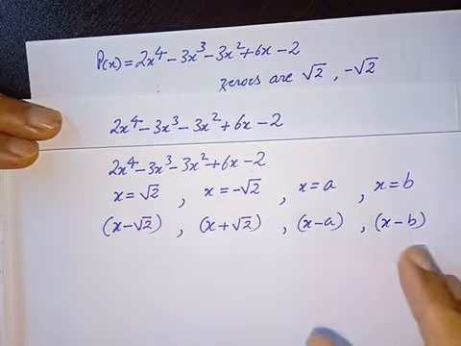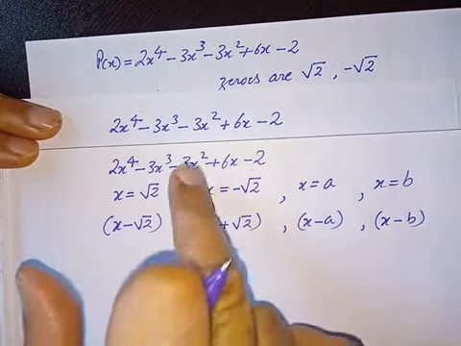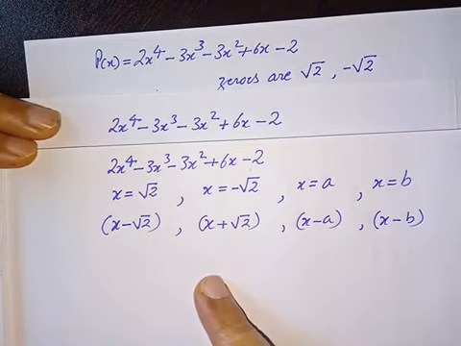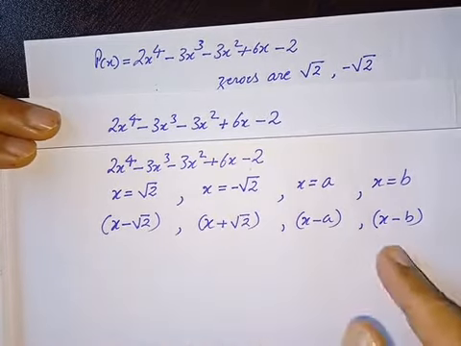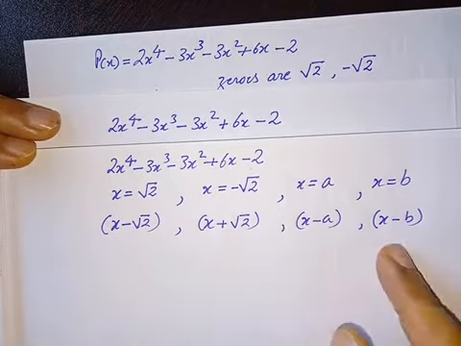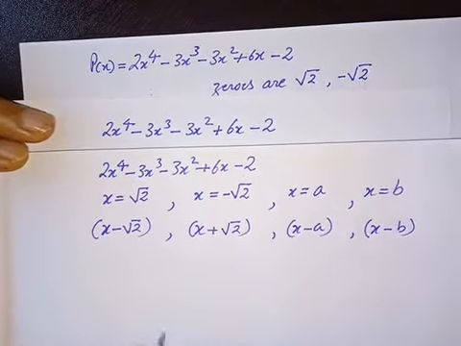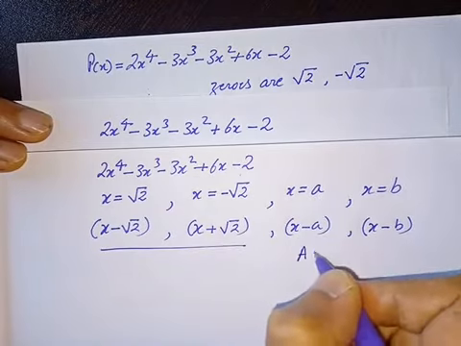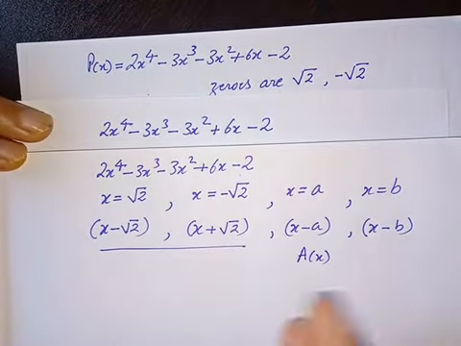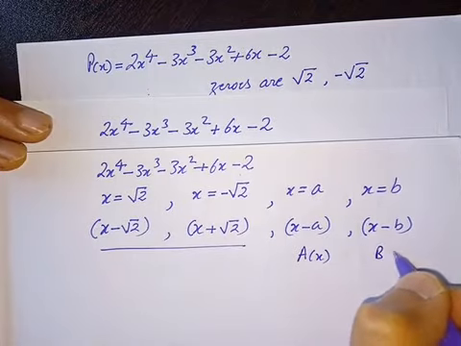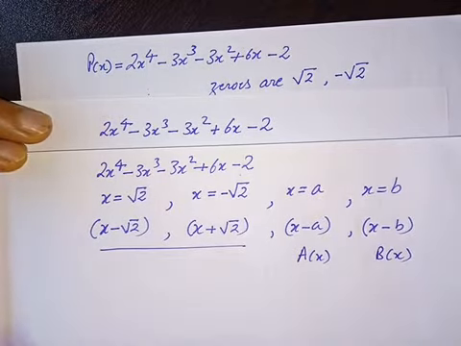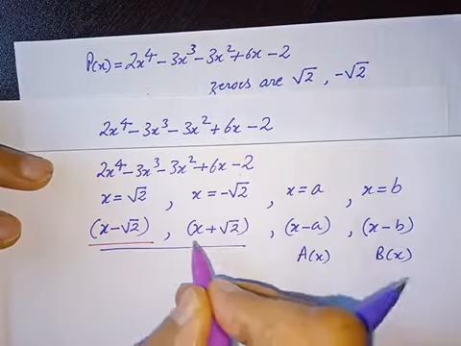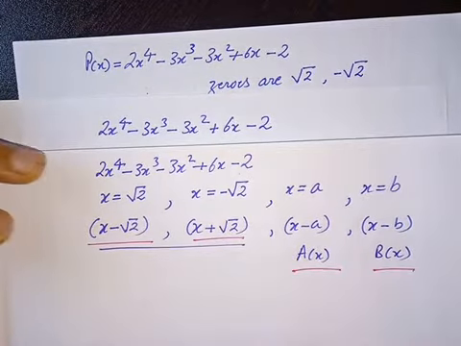So these are the four factors of the polynomial, and these are also polynomials. The first two are polynomials of degree 1, they are linear polynomials, whereas this is biquadratic. We are not giving any name to these two, but we can write the third as a(x), a polynomial, and the second as b(x).